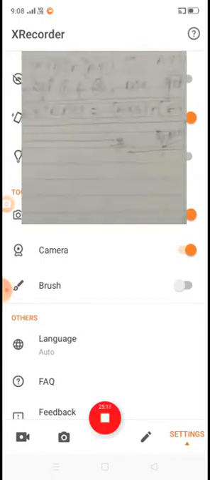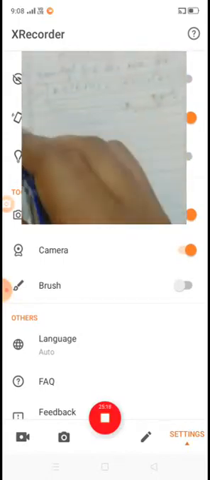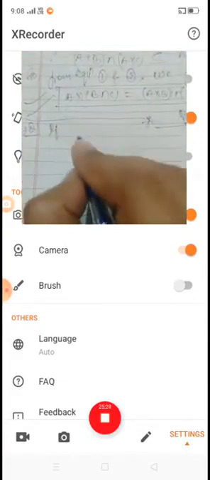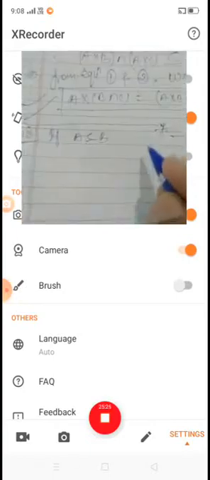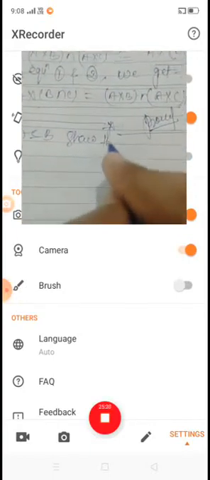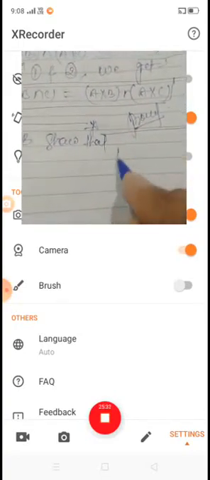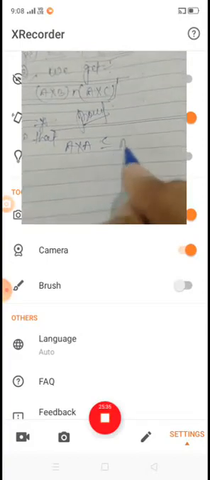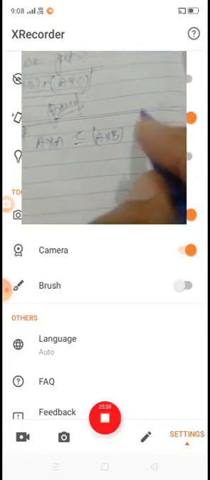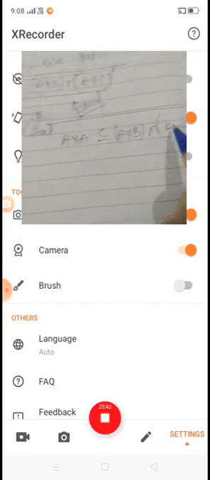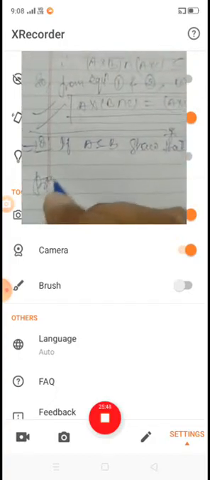Now take a small question like a theorem. Suppose A is a subset of B, okay, show that A × A is also a subset of (A × B) ∩ (B × A). Okay, now let's prove it.